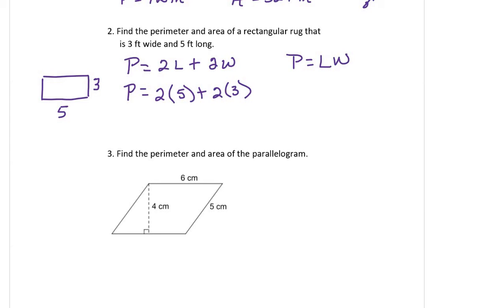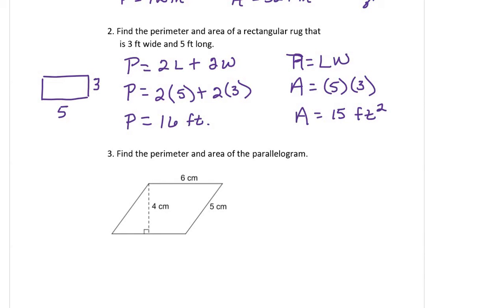We normally call the length the longer side. So when we put this into our calculator, we get 16 feet. And for the area, it's length times width, so 5 times 3, or 15, and this is going to be feet squared.